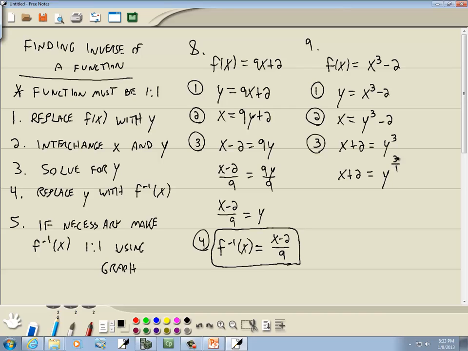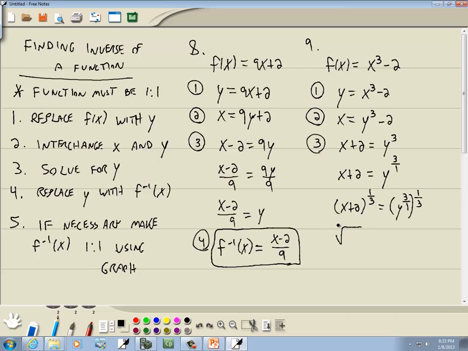And to get rid of this 3 here, you'll take both sides to the reciprocal of 3 over 1. Reciprocal is fraction flip. So I'm going to take both sides to the 1/3 power. And 1/3 power is the cube root.